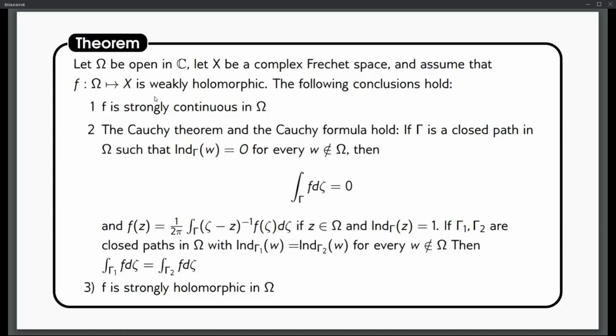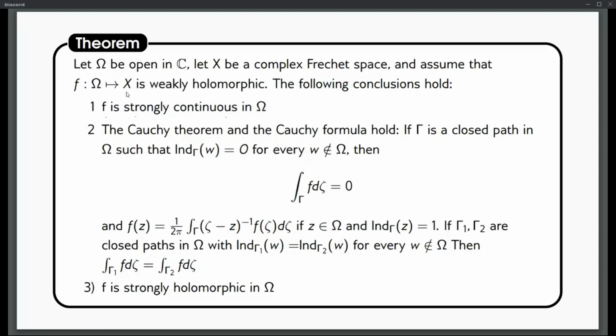Here's what our strategy is going to be. I won't go into the proof, but I'll tell you in general what's going to happen. First of all, we're going to prove that f is strongly continuous. The key fact we're going to use here is a certain theorem that relates weak boundedness to strong boundedness.